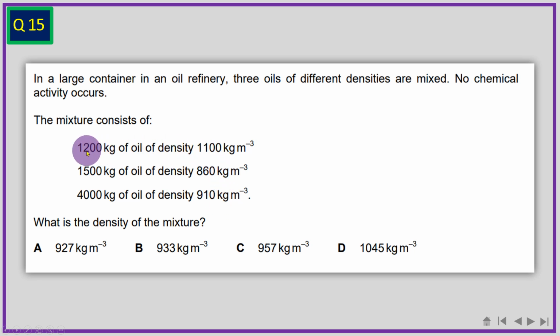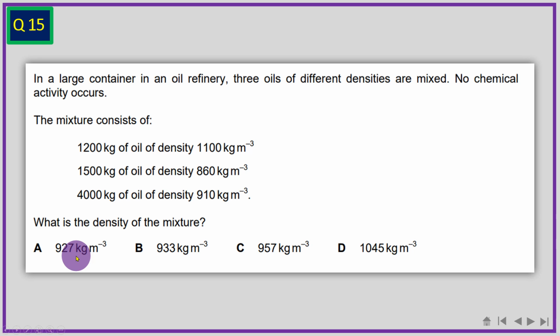So we can use mass and density to get the volume of each oil, V1, V2, V3, so that now we add all the 3 volumes, and then we add all these 3 masses, 1200 plus 1500 plus 400, divided by V1 plus V2 plus V3. And that is how.